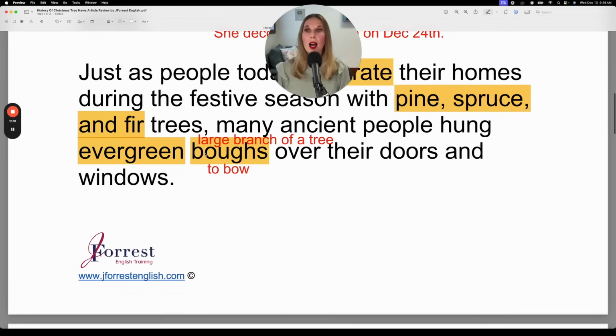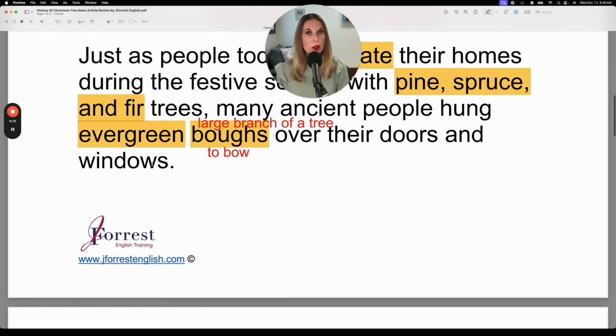Ancient people hung evergreen boughs over their doors and windows. And in North America, we still do this. But generally, instead of boughs, which is a large branch of a tree, we hang wreaths, which is that branch of a tree, but in a circular shape. And it can be real or it can be fake, artificial.